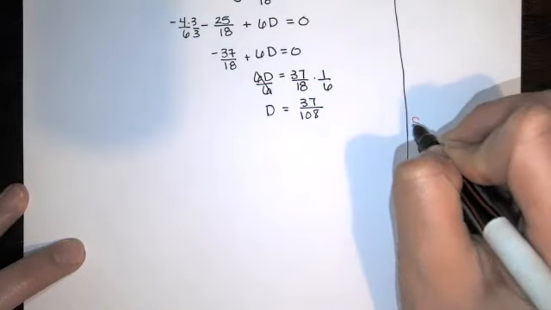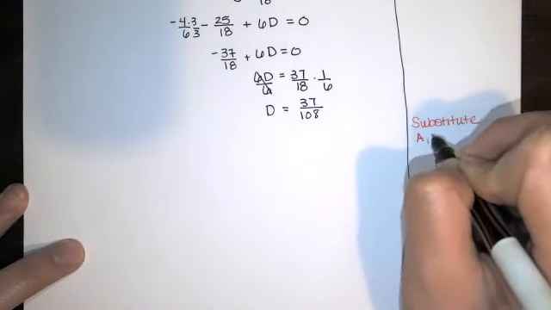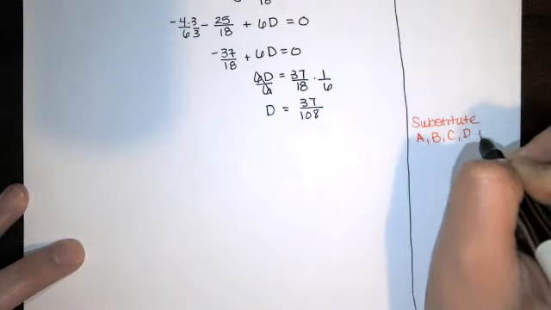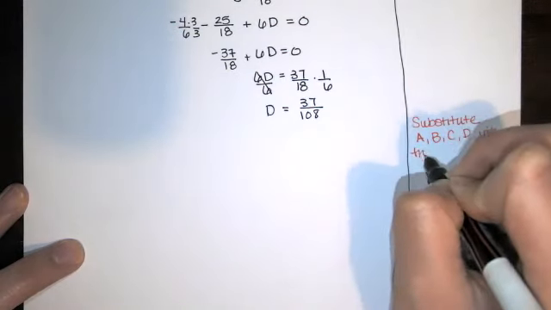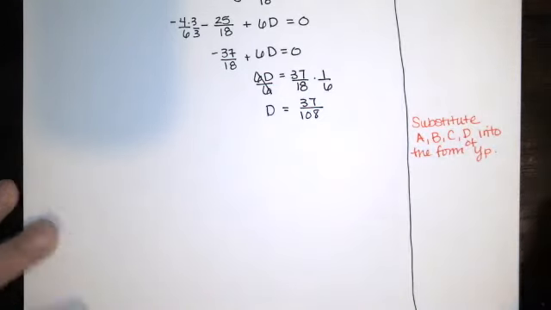So now we want to substitute the values that we found, A, B, C, and D, into the form of that particular solution, y sub p.